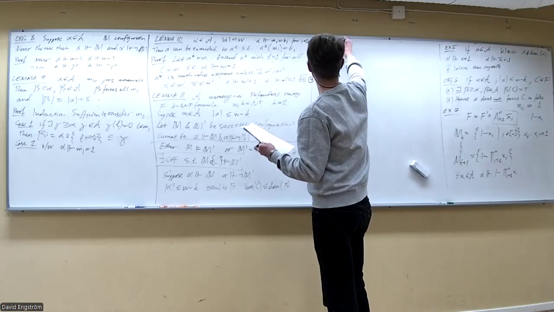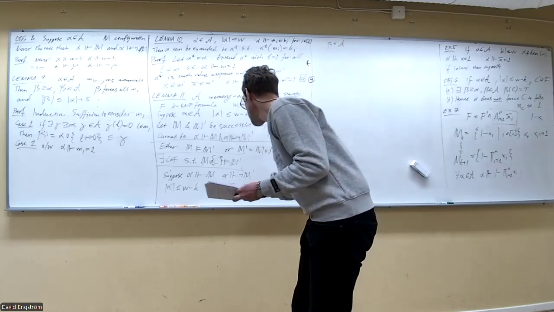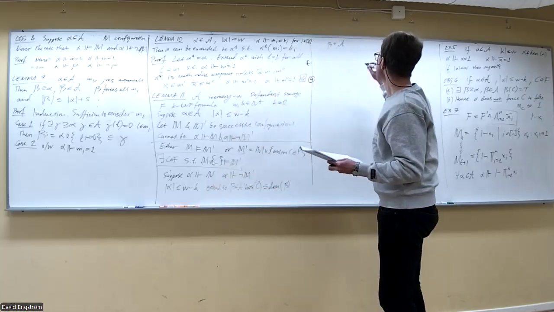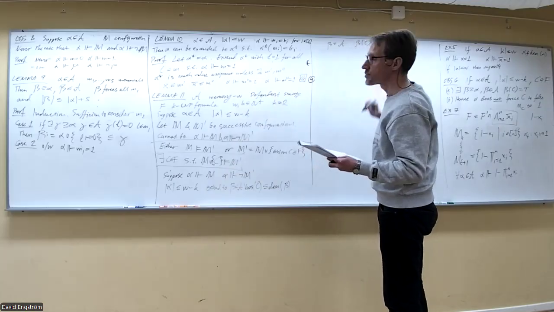Then we know, since beta is also in the strategy, clearly beta sets C to true.